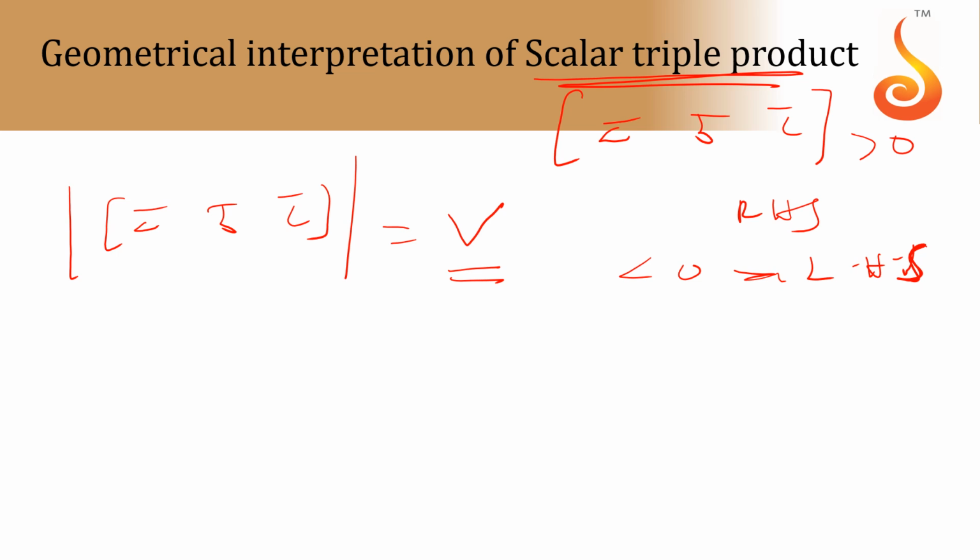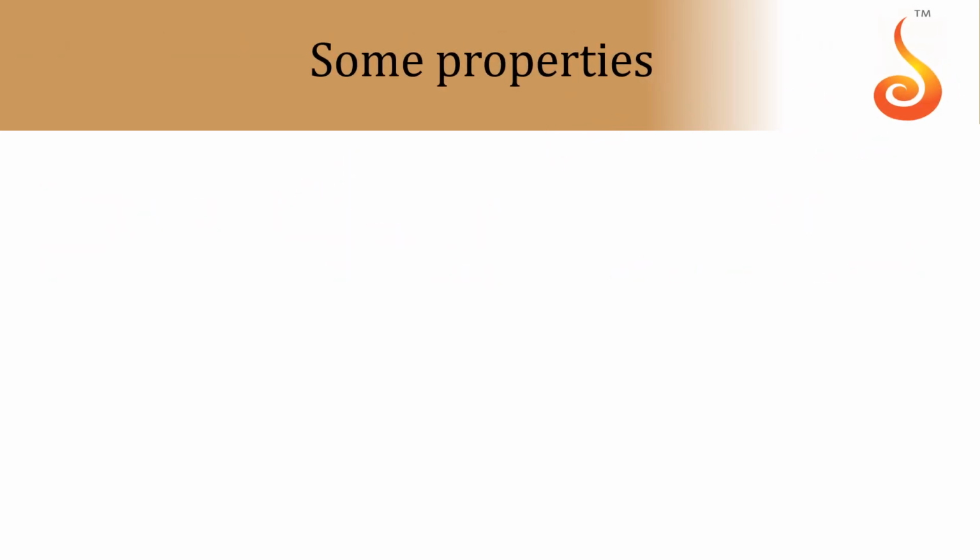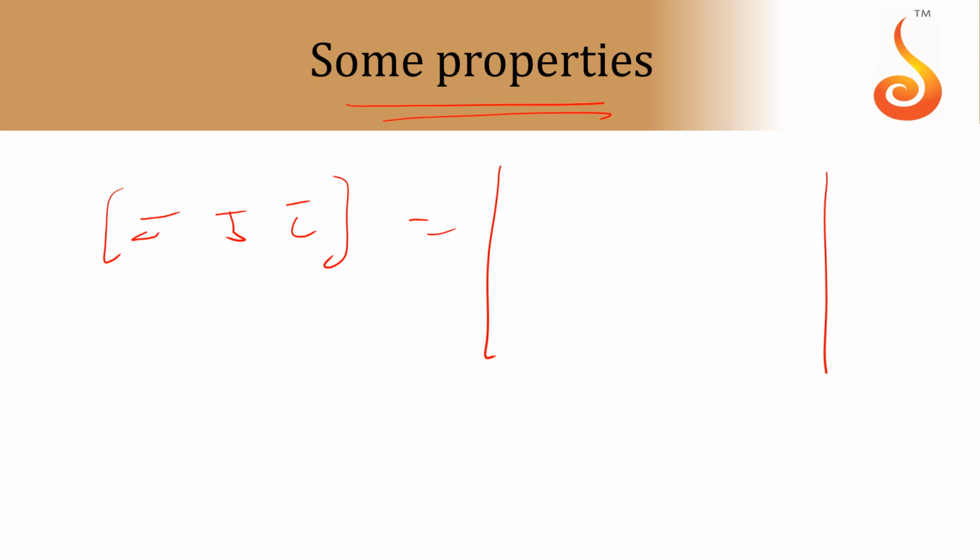So that is the geometrical interpretation of box. So box properties, already I told that box is nothing but the determinant calculation of the DRs of the vectors. So all the determinant properties we can use for box.